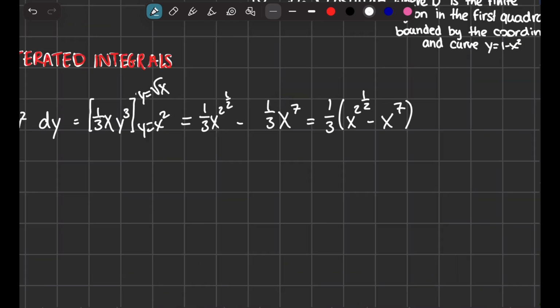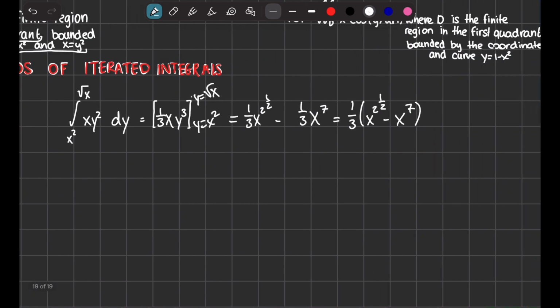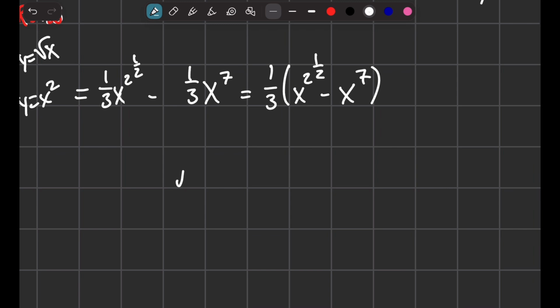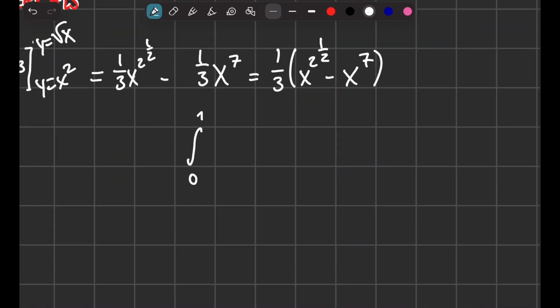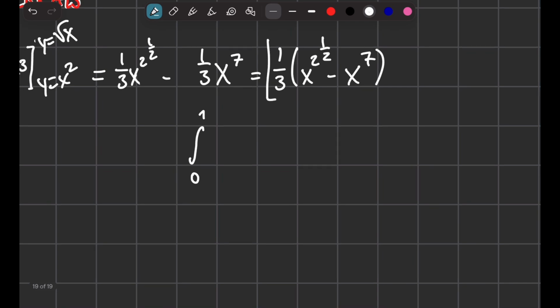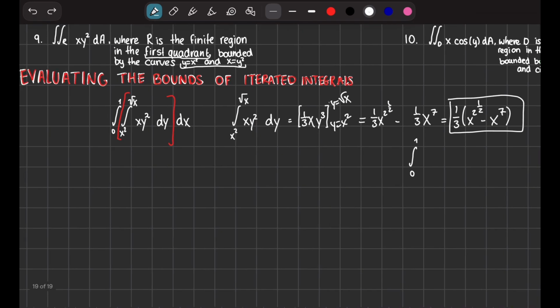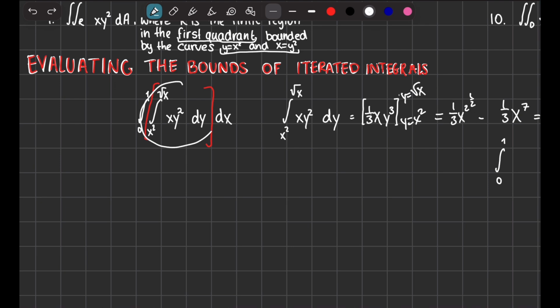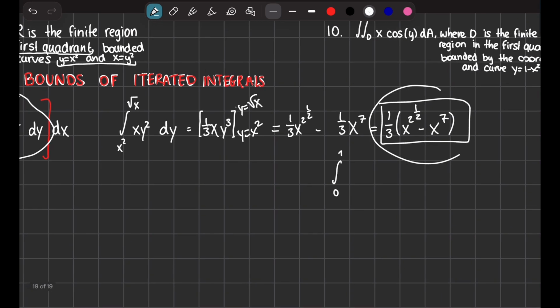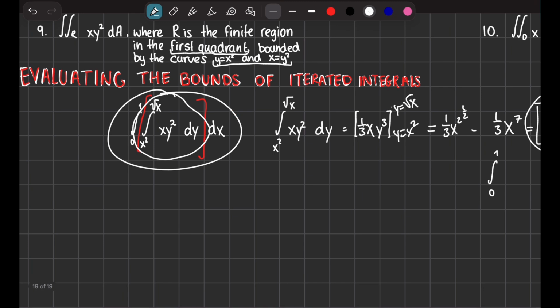We still need to do the outside integral, which is this, and then with respect to x. So we can see here, we just have to fill in this integral and solve it again, right? Because this is the form. We solved this, which became this, and then we need to solve the outside integral, right?